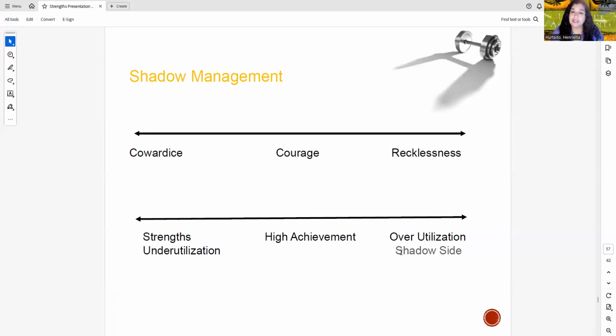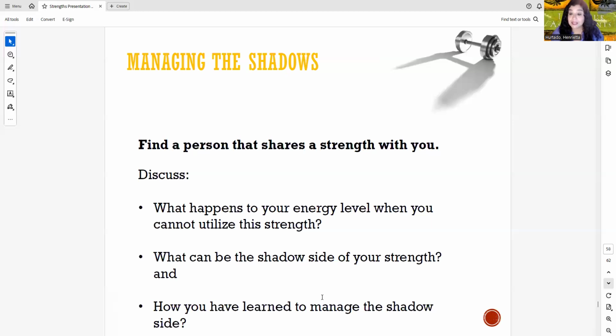So that self-management, that awareness of your strengths, that mindfulness, I would say, is what keeps you. Your strengths keep you mindful. Your strengths perspective keeps you mindful.